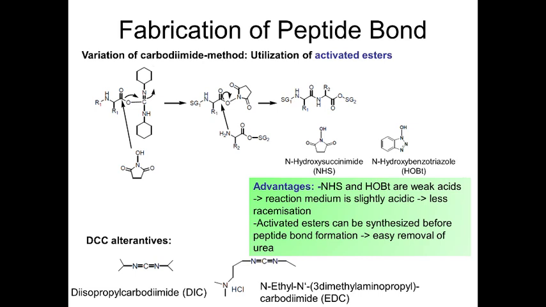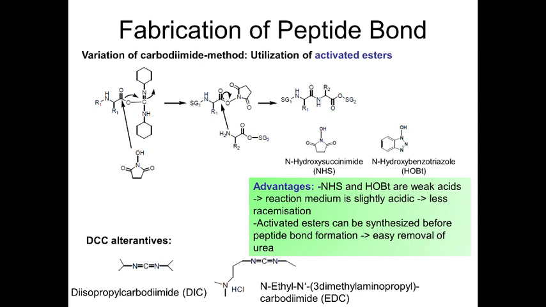You get rid of the dicyclohexyl urea, so you can solve the problem of purifying your dipeptide from the dicyclohexyl urea beforehand, and you don't need to do a difficult purification with your polypeptide reaction mixture.